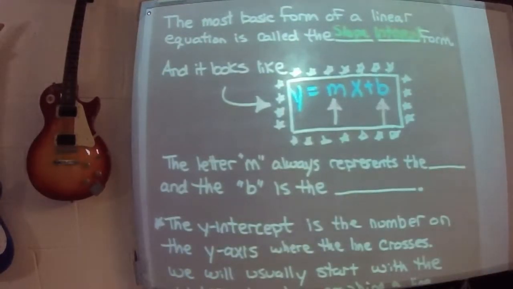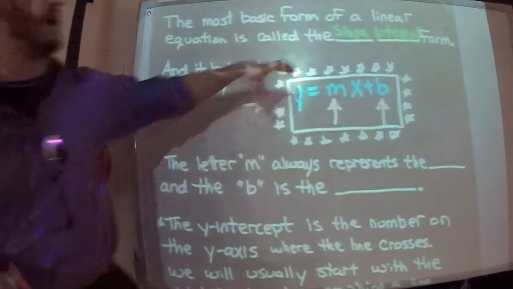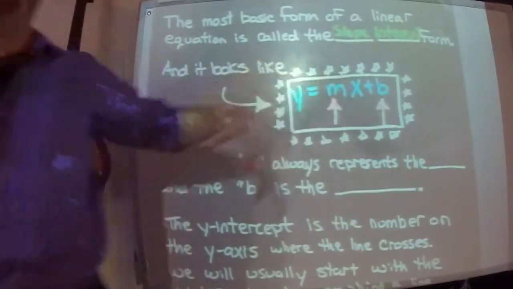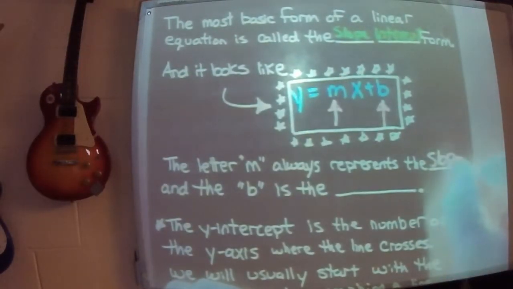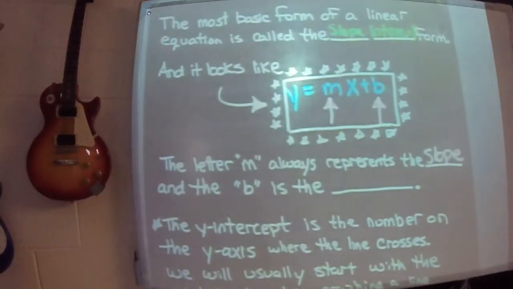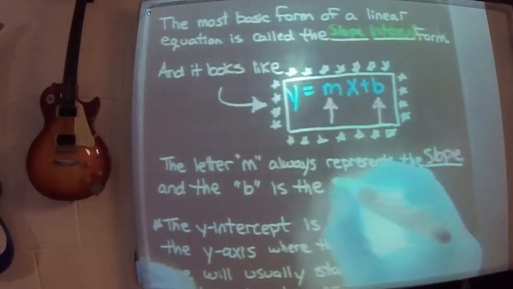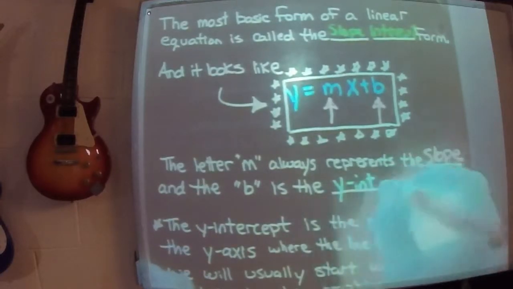The m represents the slope. So whatever number is next to x, the first number after the equal sign, you can circle it and call it the slope. The b is always going to be what we call the y-intercept.